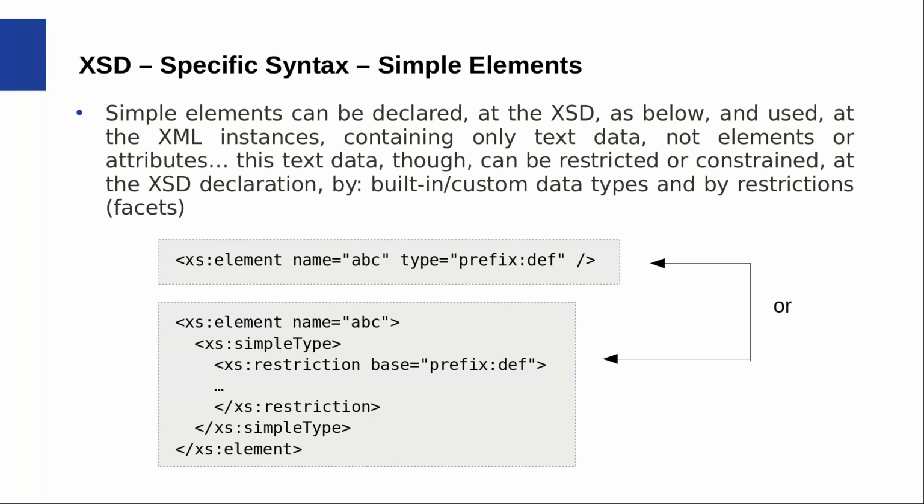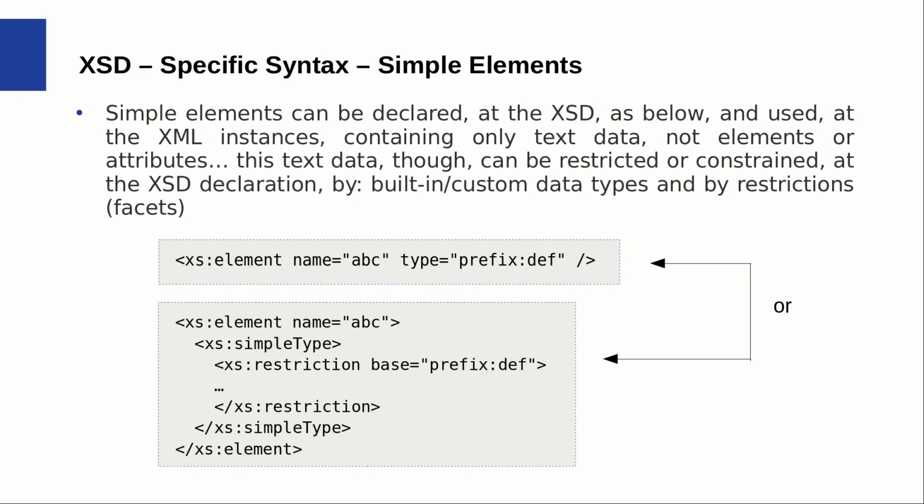Simple elements can be declared at the XSD as below. We've seen a lot how to use simple elements on XML instances, and now we'll see how to declare them at the XSD documents and how to constrain these elements regarding their data types, as well as some other constraints that we'll show you in this subsection.